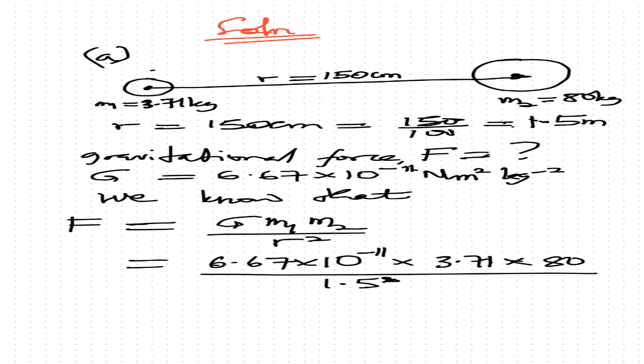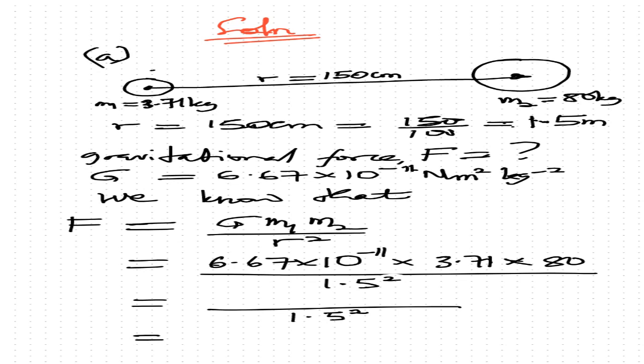You get it? 1.5 squared. And this gives us what? What do we get for the whole numerator? Yes, try with all over 1.5 squared. So what do you get?